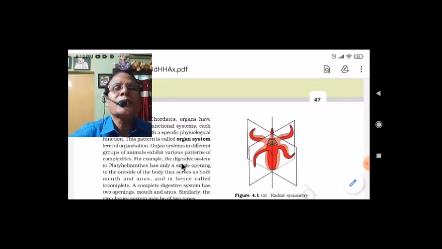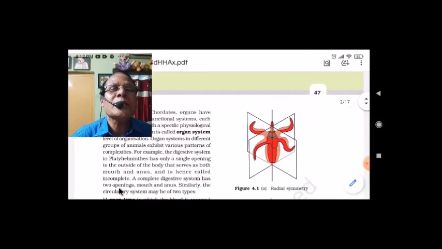For example, in flatworms like the liver fluke, belonging to the phylum Platyhelminthes, there is only a single opening acting as both mouth and anus. So the digestive system is not fully developed; it is called an incomplete digestive system.